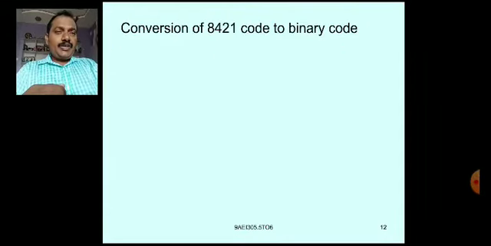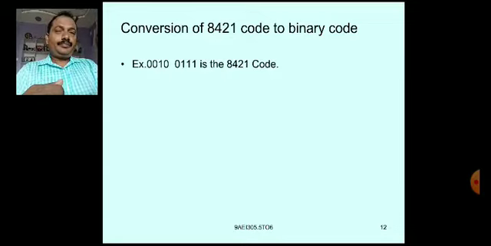Next, conversion of 8421 code to binary code. How to do that? Let us see the example. Let us consider 0010 0111. This is the BCD code, and we want to convert it to binary code. First convert that into decimal.